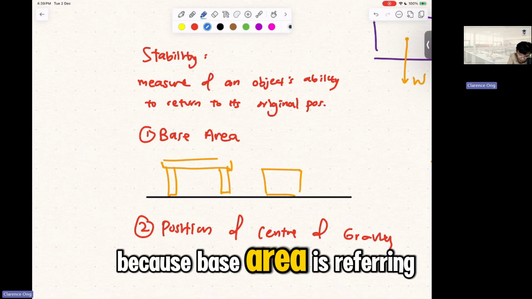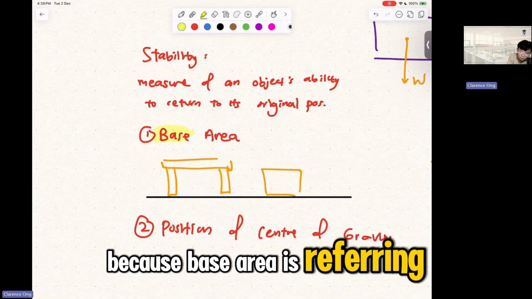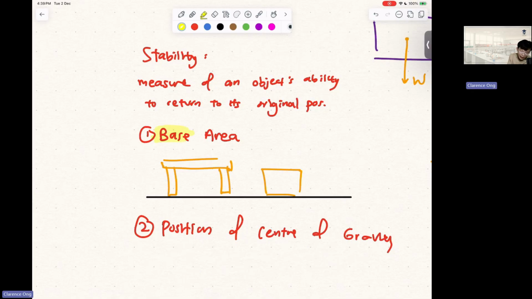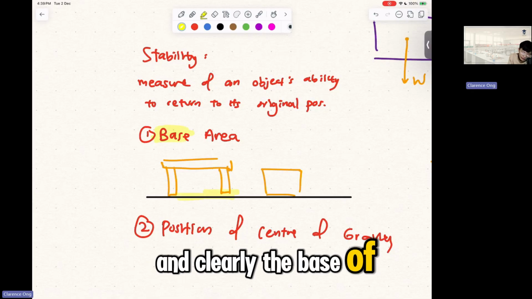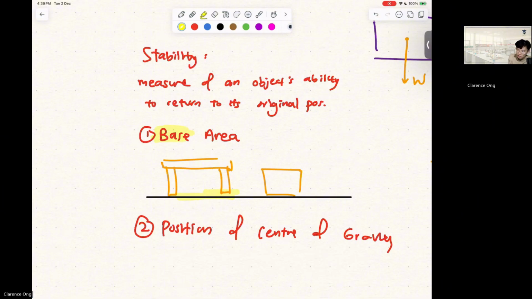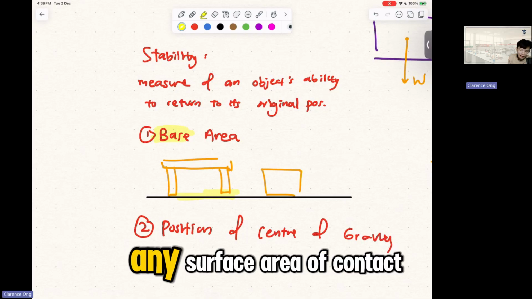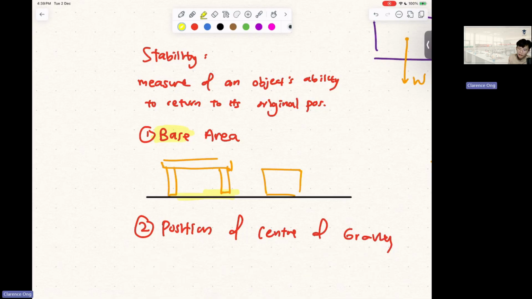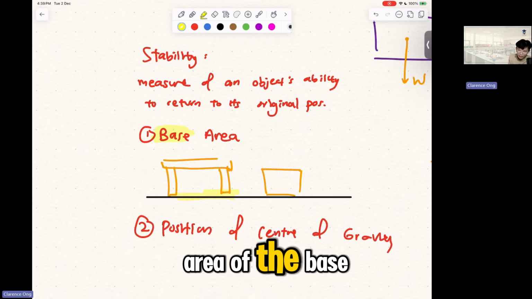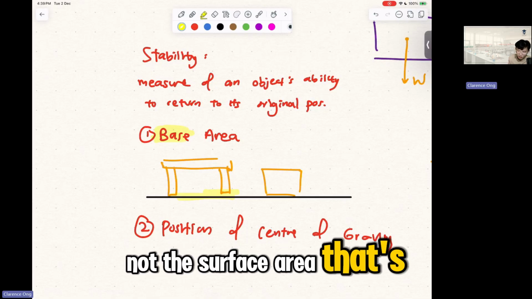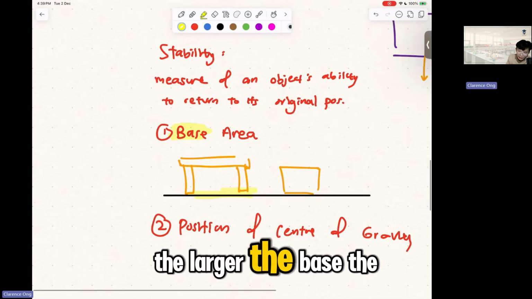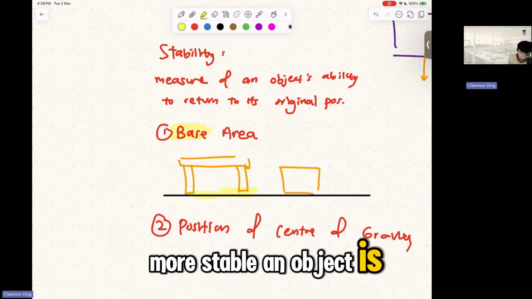Because base area is referring to the area of the base, and clearly, the base of the table is larger. Base area does not consider any surface area of contact. It only cares about the area of the base, not the surface area that's in contact with the ground. The larger the base, the more stable an object is.